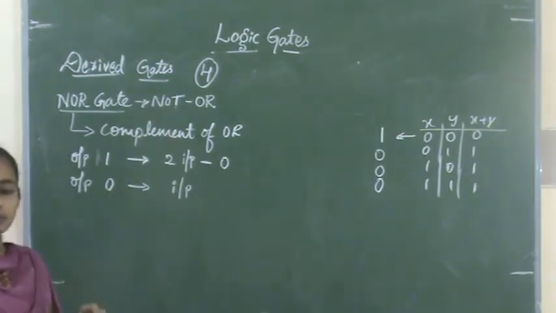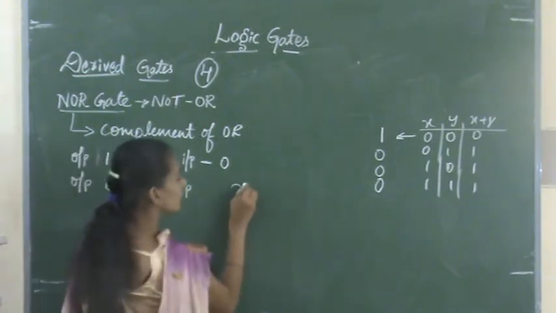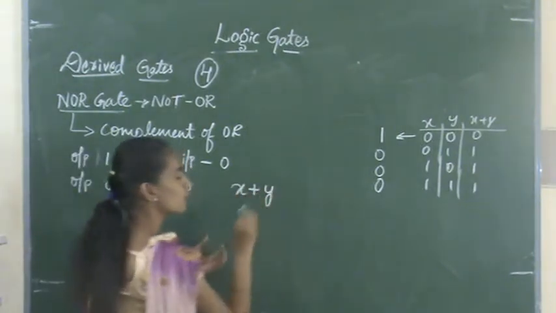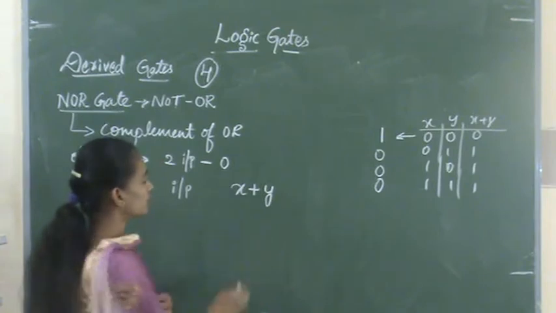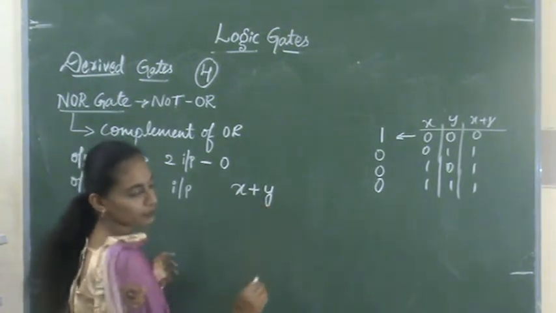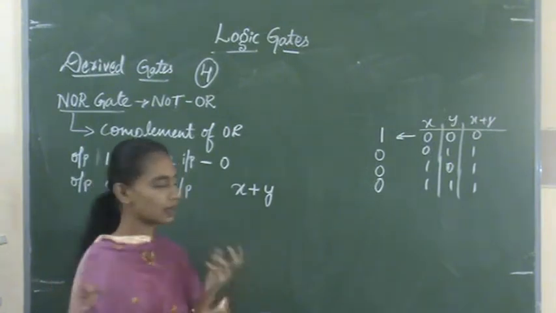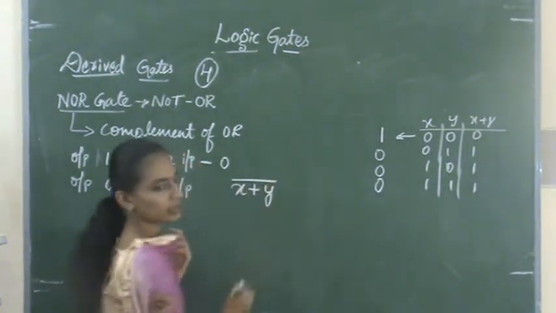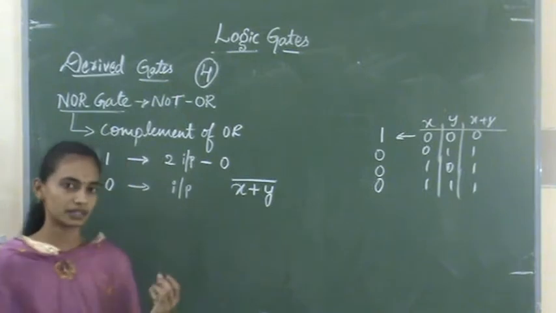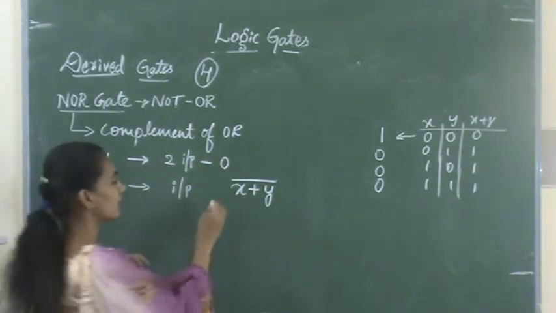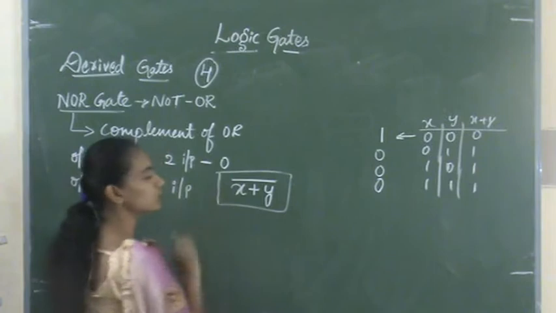What is the symbol used for the NOR gate? How do we represent the OR gate? X plus Y. This NOR gate is a complement of OR. The complement is represented with a bar, right? So like this we are representing the NOR.